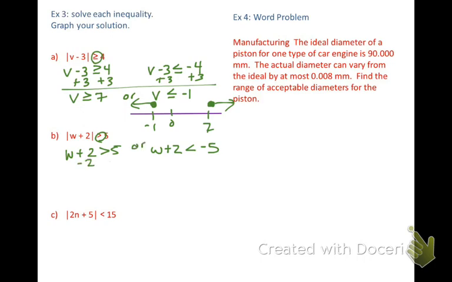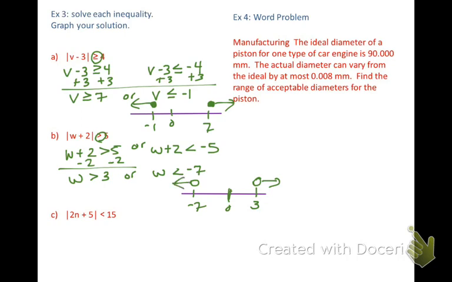So I'm going to subtract 2. So W is greater than 3, or W is less than negative 7. Then I graph it. Negative 7, 0, and 3. They're both open circles, and they go opposite directions.